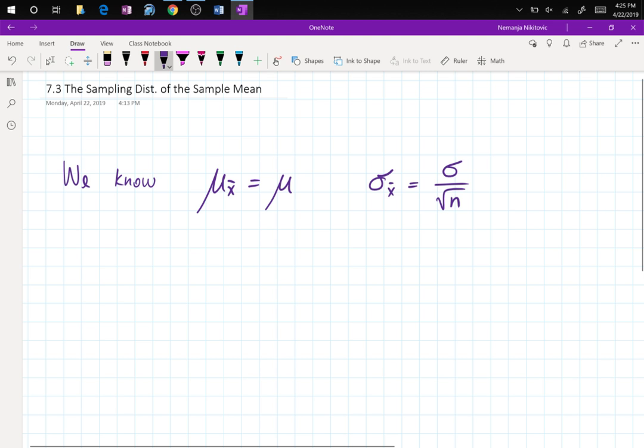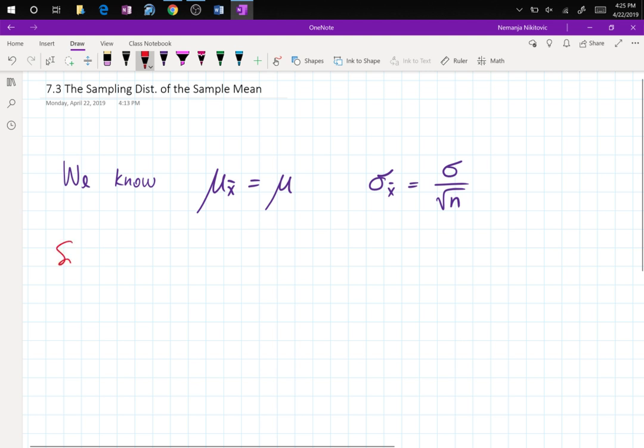So now we take a look at the normal distribution, right? And a normally distributed variable x. So let's write the sampling distribution of the sample mean for a normally distributed variable.